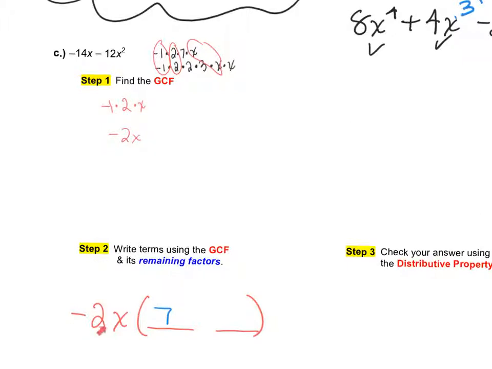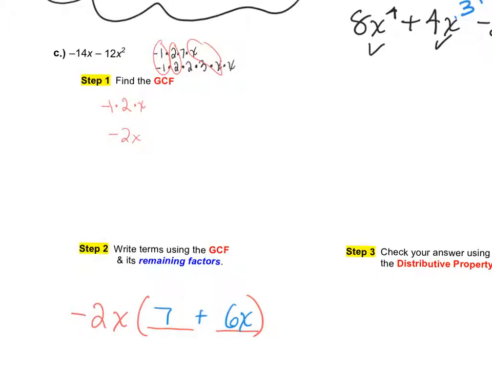Similarly, I look at the negative 2x and the second term of negative 12x squared. Well, negative 12x squared and negative 2x, how did I get to negative 12x squared from negative 2x? I must have multiplied by positive 6x, because negative 2x times 6x gave you negative 12x squared.